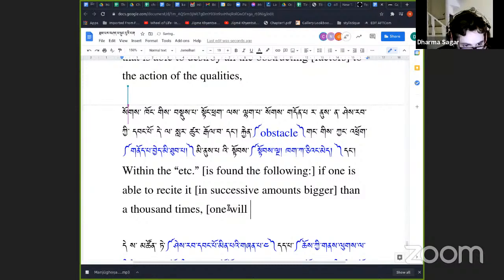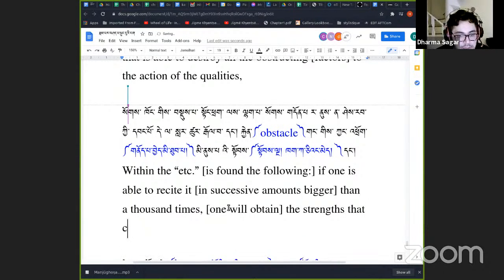Let's put it in brackets now. One will obtain the strength that can't be defeated by anything, by any condition, any situation.